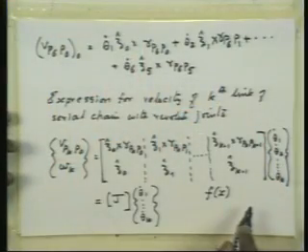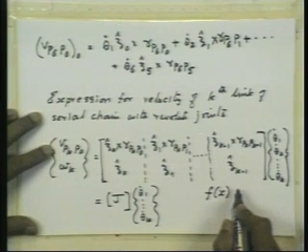Why is it called the Jacobian? That comes from the following. If you have m functions of n variables, the first order partial derivatives of this with respect to the variables is called the Jacobian, right.